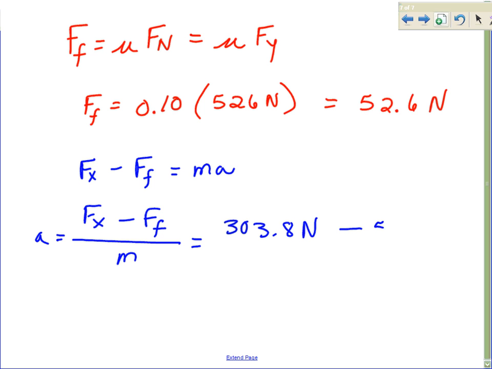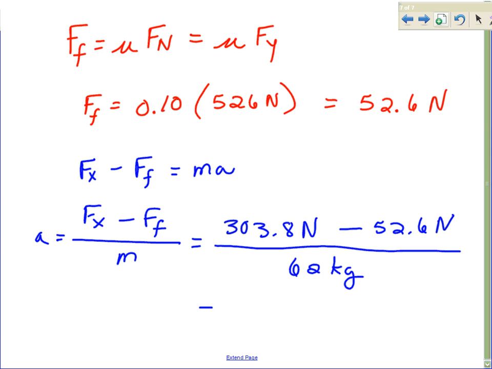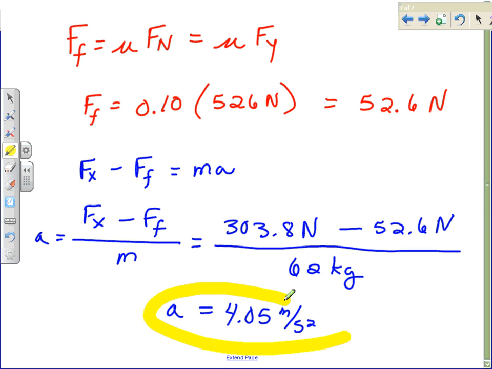Our frictional force was 52.6 newtons. Our mass, 62 kilograms. Your calculation should give you 4.05 meters per second squared is the acceleration of the skier down the hill. Well, I hope this helps you solve some problems.